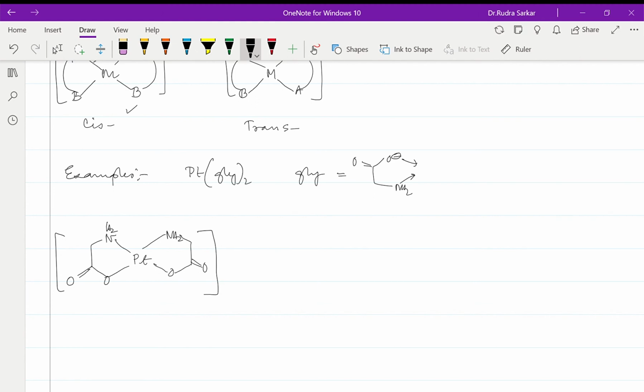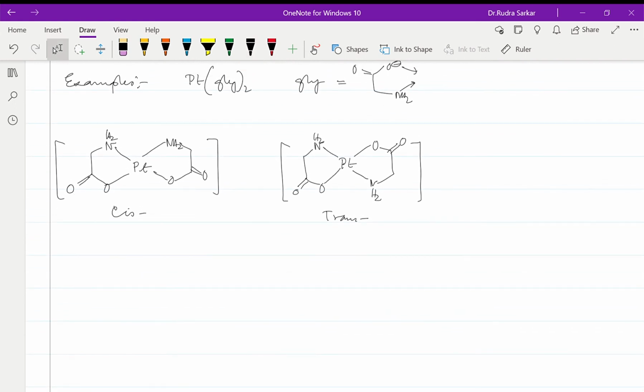This arrangement we will call the cis arrangement, and the other arrangement, which we have shown by switching the donor points, is of this type. One side we keep the same and the other side we switch. This one will be called trans. So that is how we have to think.